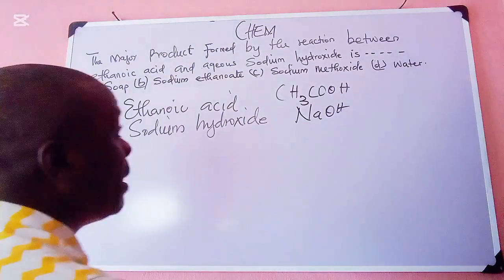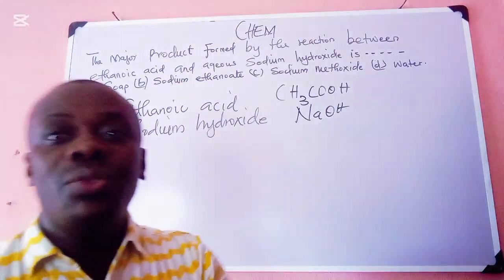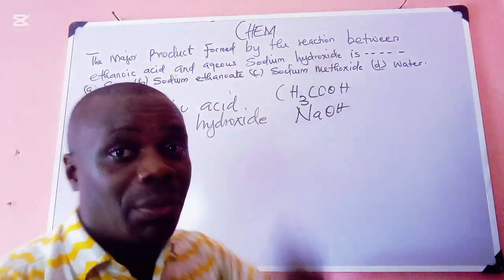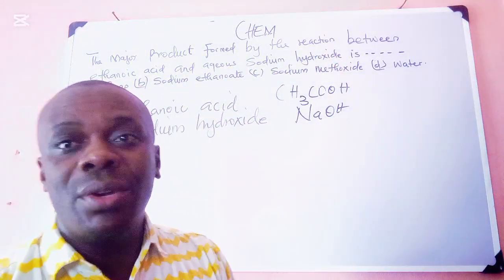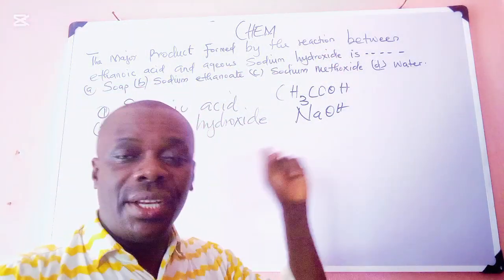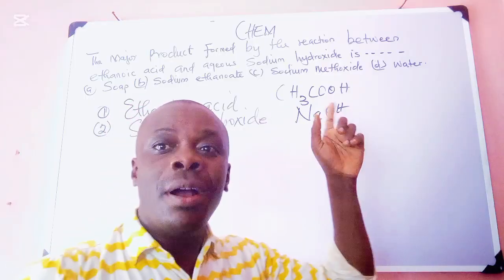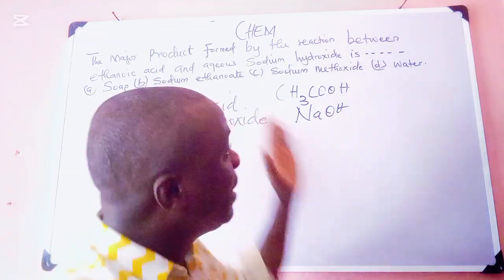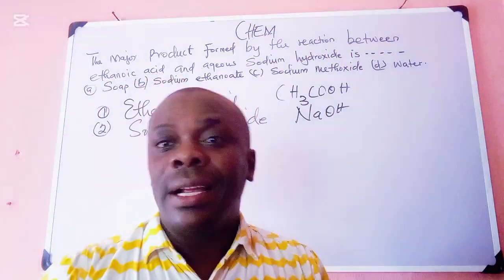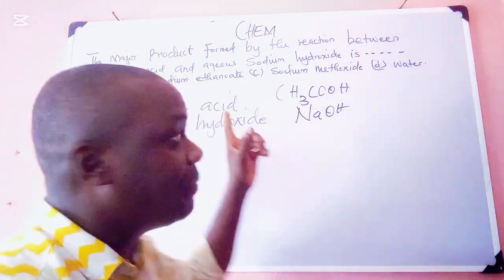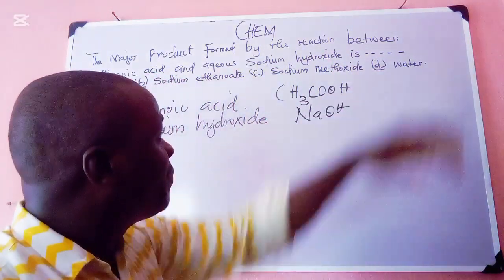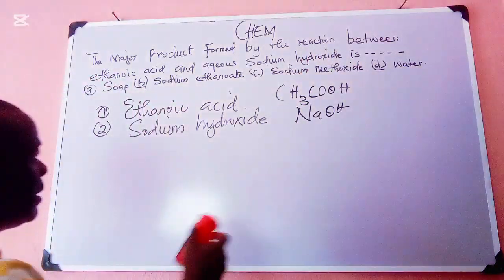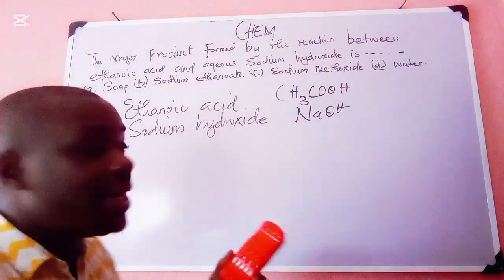But the question is asking which one is the major product that is formed. Because we have salt among the choices of answer and we also have water. So let's look at it.